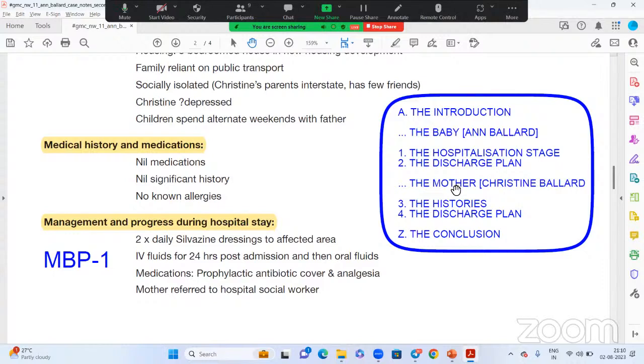So mother is not very fine. Mother also needs a support. Right. She is not taking proper care of the child. That is why the child got this problem. So mother should be provided relevant education also. Right. Now let us see here.